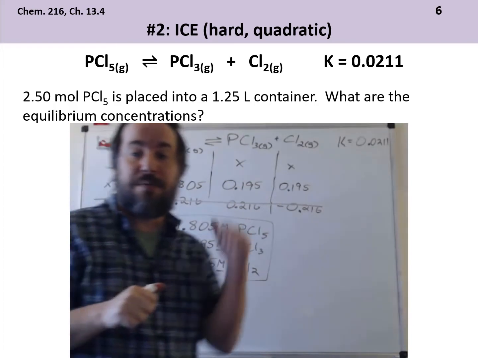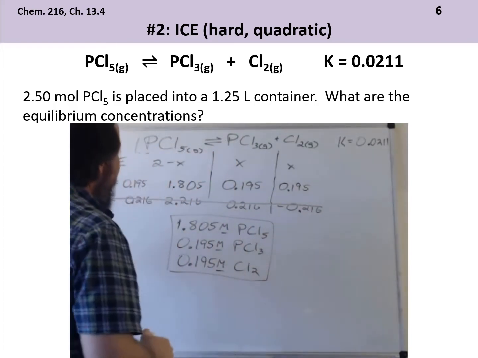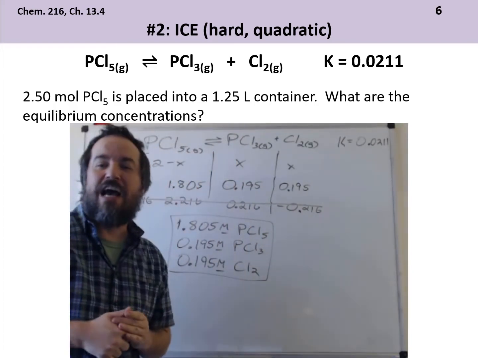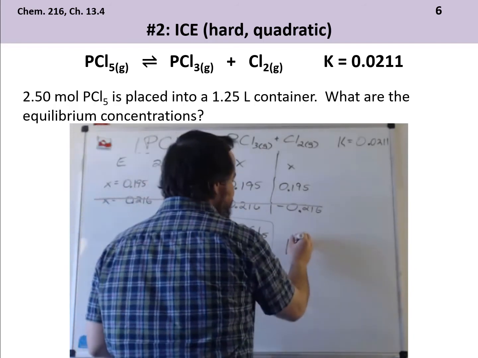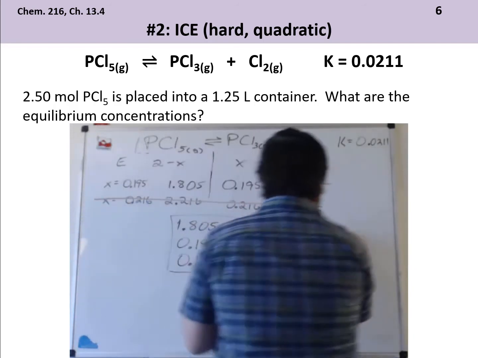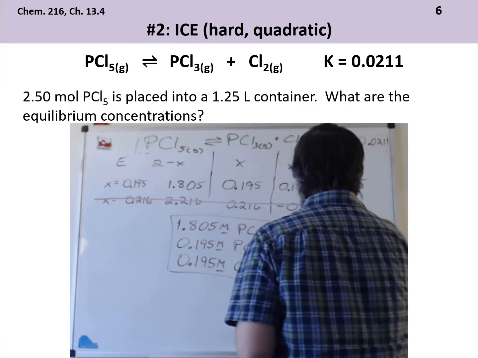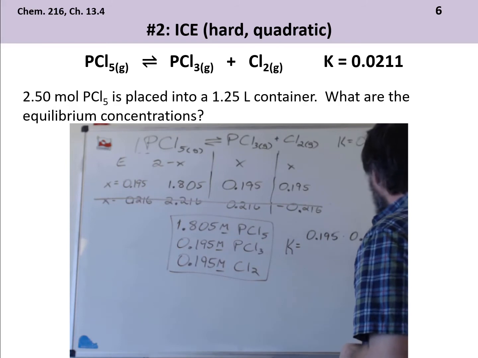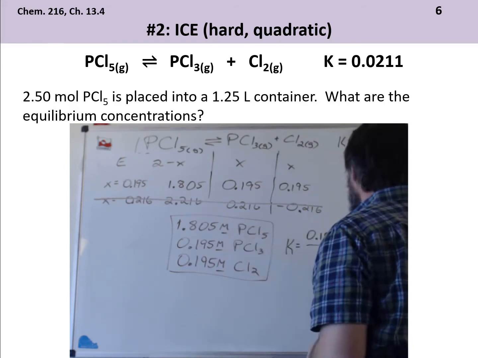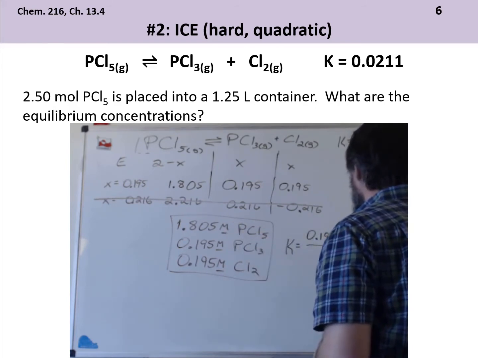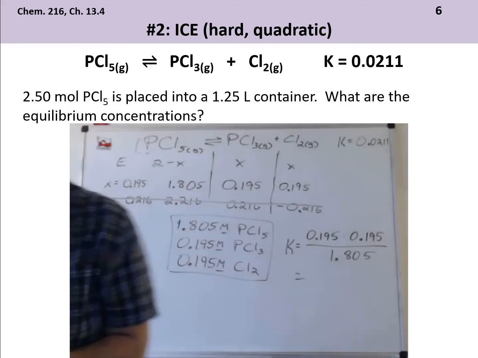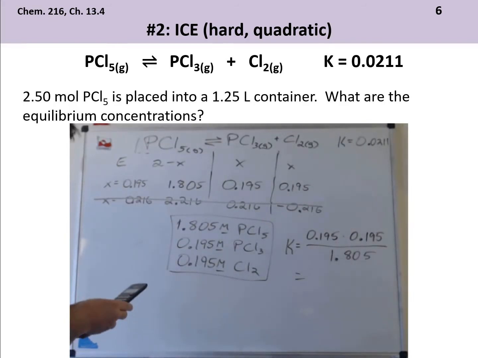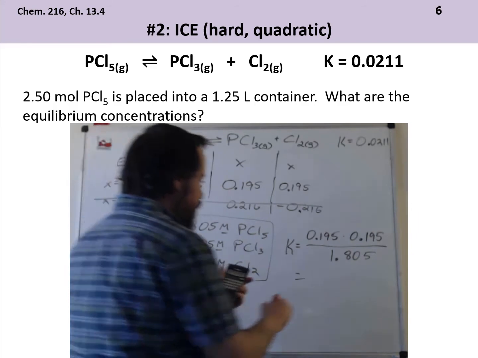And what do I do to make sure? Because I've done a lot of work and I don't know if I'm right. I can just plug these back in for my K. K equals 0.195 times 0.195 over 1.805, and that's going to get me 0.0211.